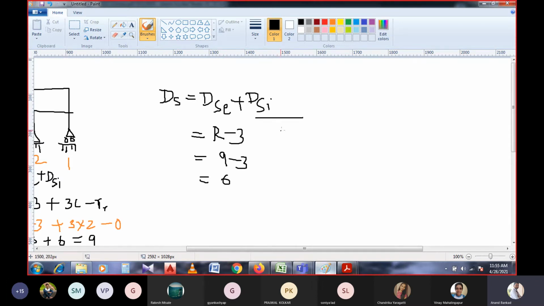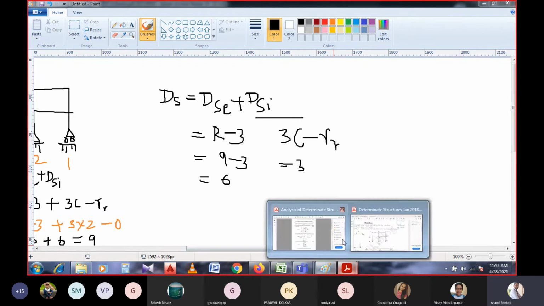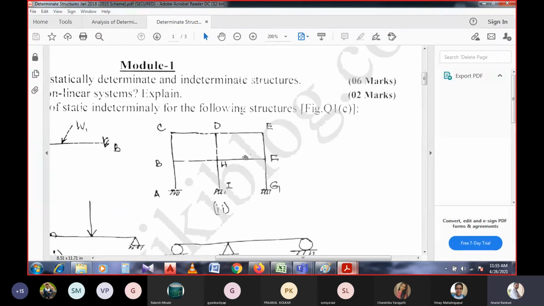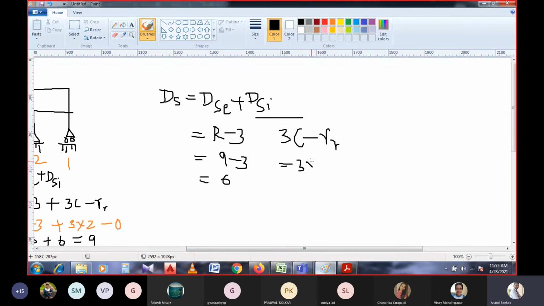Now for this DSI, what is 3C minus R_R, right? For this 3C minus R_R, how many closed loops are here? 2 closed loops are here. This is open, so we cannot consider this. This is closed and this is closed. We can have these two. 3 into 2, and we don't have any internal hinge reactions, so that is 6.